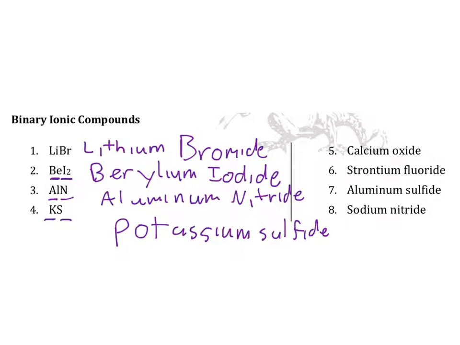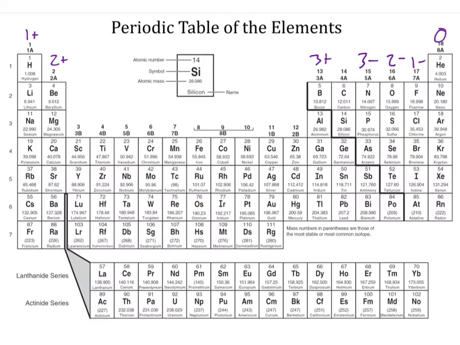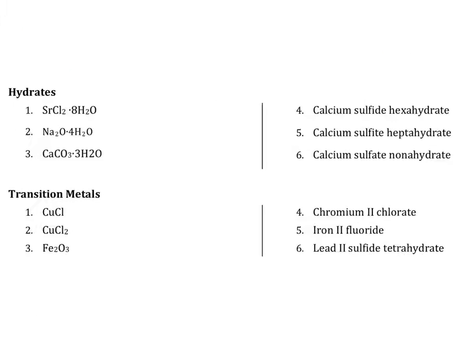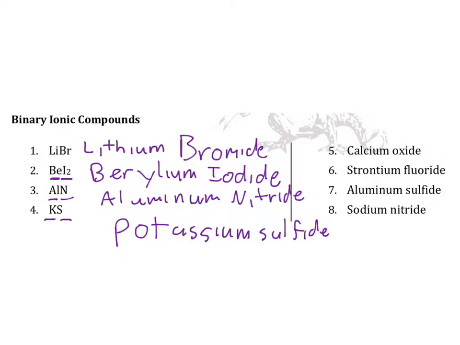Well, now let's go ahead and come up with the formula. Now that we have the name, we need to come up with the formula. One thing we want to keep in mind is that we can look at the column that an element is in and determine the charge that it makes. So the first thing we want to do is determine the charge. Notice here's calcium, and calcium makes a 2 plus, and then here's oxygen, and oxygen makes a 2 minus. The whole idea is that we need to balance the charges.